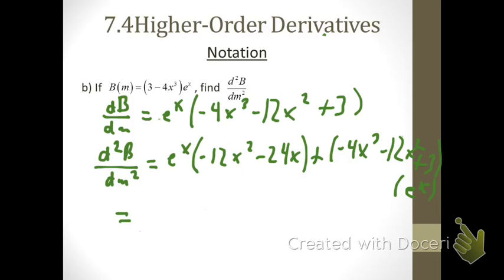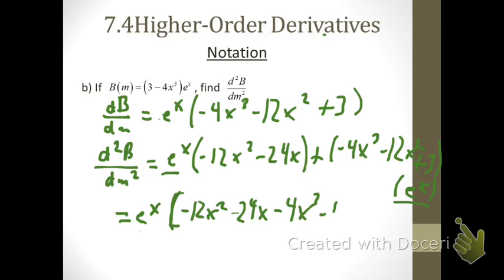Alright, now once again I've got e to the x as a factor of each of these terms that we've just created, so I'm going to bring it to the front just to make this a little nicer to look at. That leaves us with -12x squared minus 24x minus 4x cubed minus 12x squared plus 3.